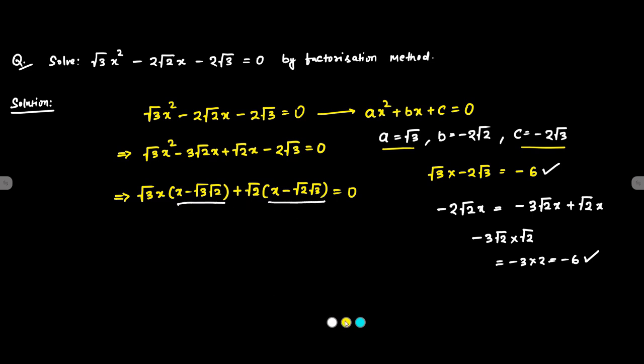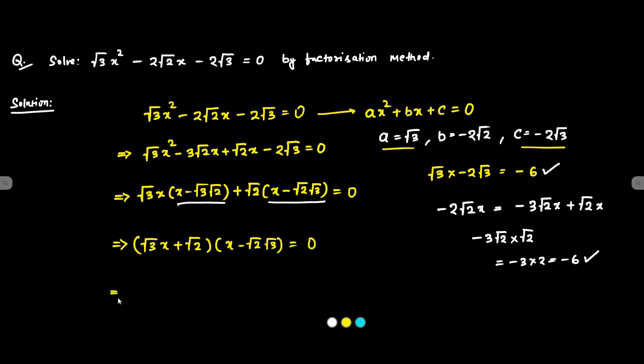So now we can write it as (√3x + √2)(x − √2√3) = 0.